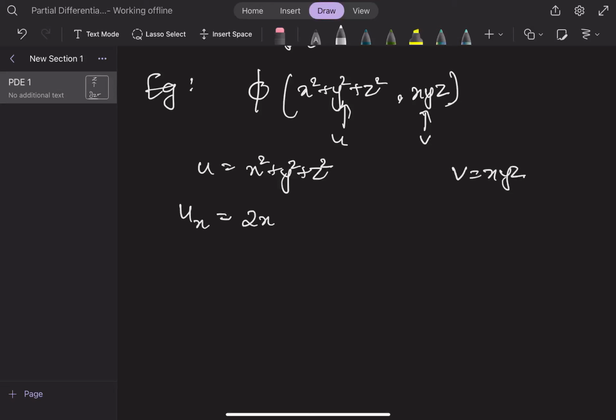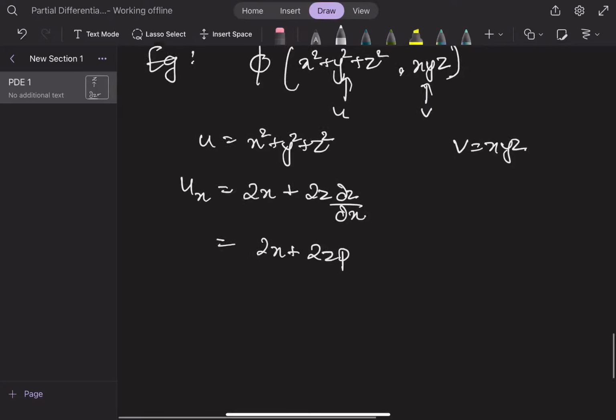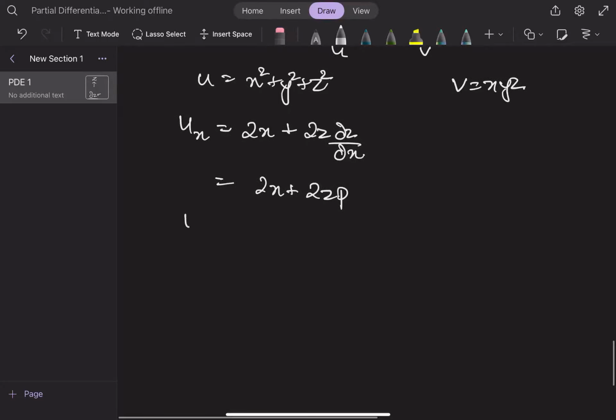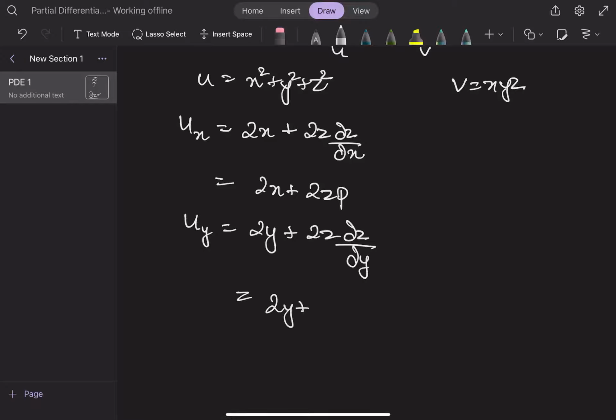This is 2x plus 2z del z by del x. This is 2x plus 2zp. Similarly, uy is 2y plus 2z del z by del y, which means 2y plus 2zq.